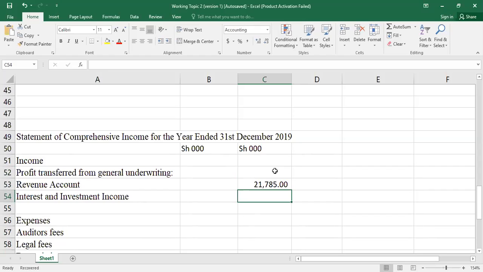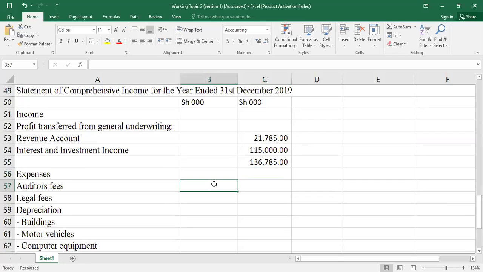The figure is in the question. The interest and investment income is 115,000, right? Yes. So 115,000. So our total income will be this plus this, so it is 136,785, right?